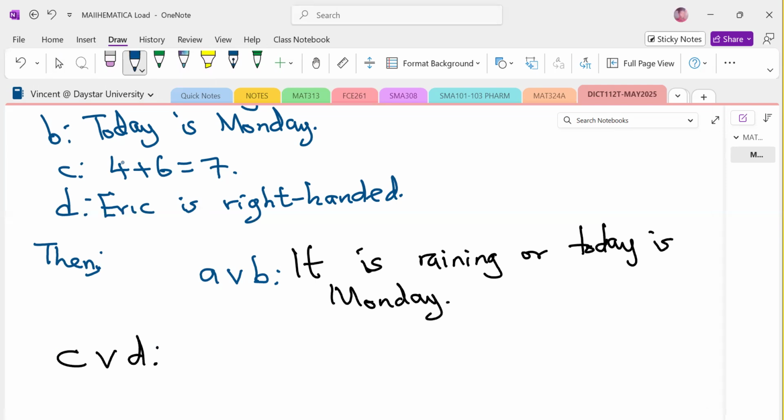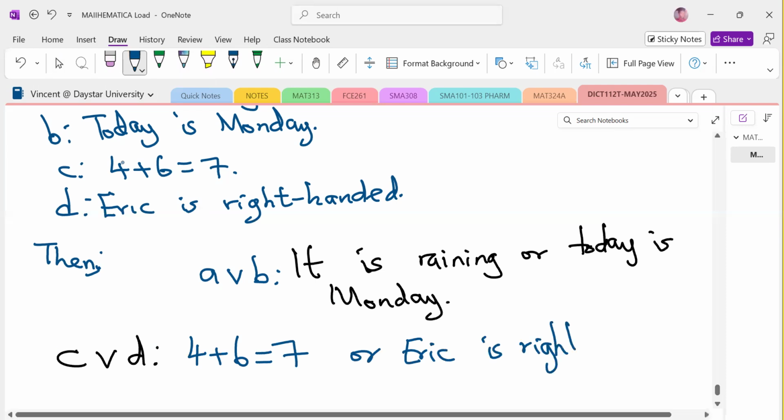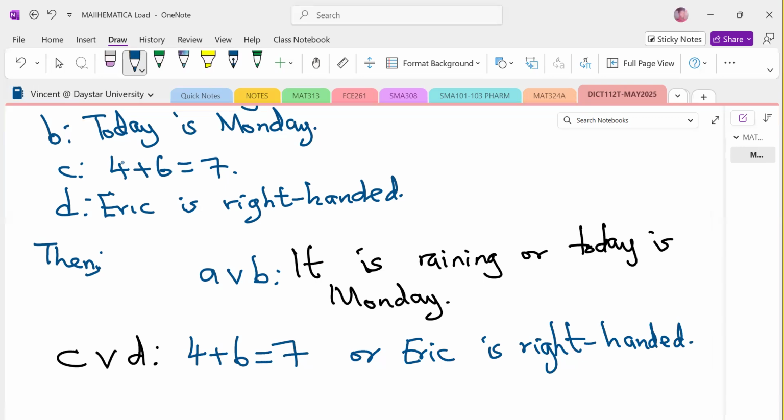Correct. 4 plus 6 equals 7, or Eric is right-handed. You see, Eric being right-handed and 4 plus 6 equals 7, there's no relationship. It may not be nice to those who are studying language, but for us, it is correct with respect to the logical connective we are discussing.